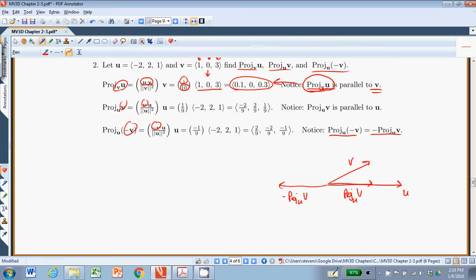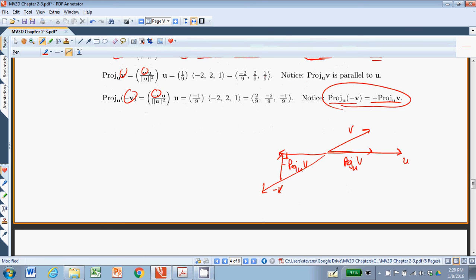But that's the same thing as taking negative v and projecting it onto u. It'll give you this exact same vector. So again, it's more than just an algebraic property. It is, in fact, a geometric representation of projections as well.